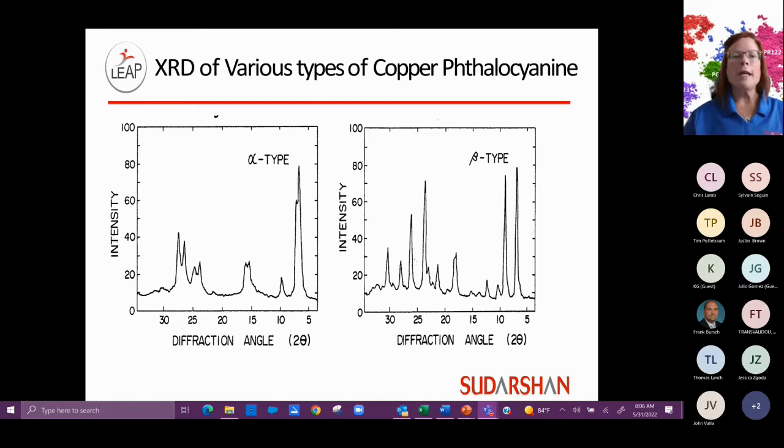For those of you geeky types like me, the alpha blue is on the left-hand side of these XRD graphs, and the beta blue is on the right. You can definitely see that these are different crystals by the intensity of the absorption at the different diffraction angles.